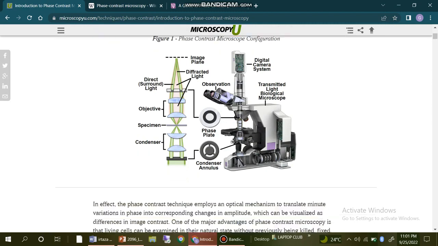Also you can see here the parts of a microscope in the photo.